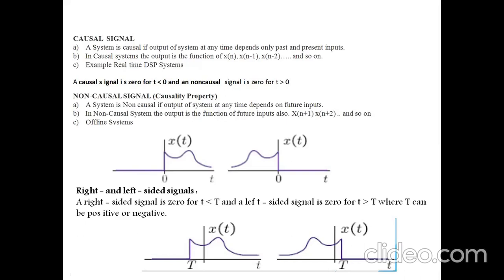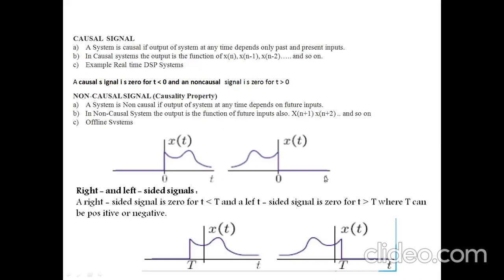Generally, a non-causal signal is not present when t is greater than 0. So in the second wave, you can find x of t is present only on the negative axis. On the positive axis, x of t is 0.